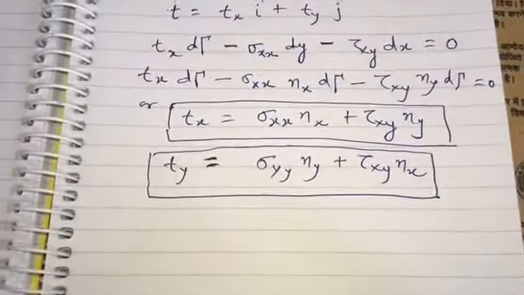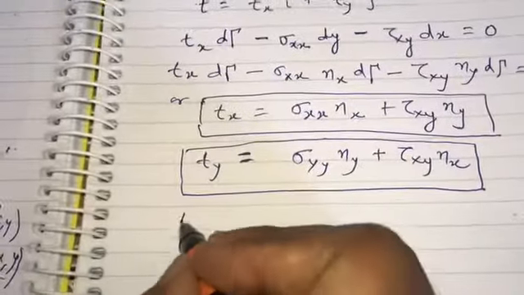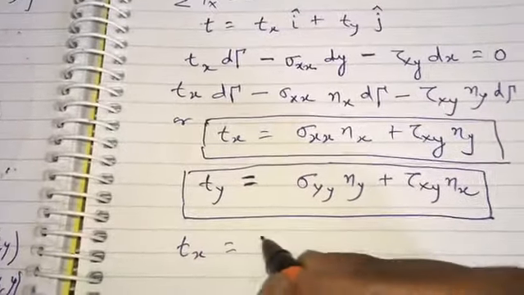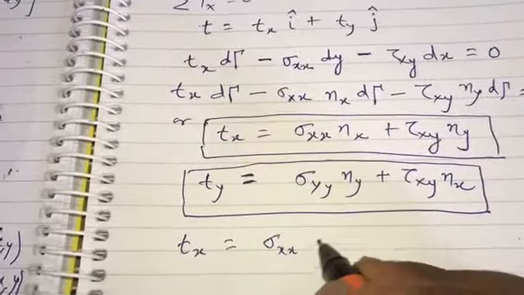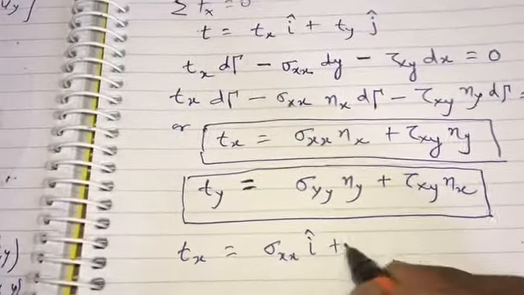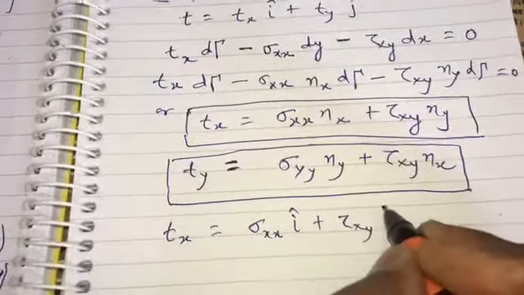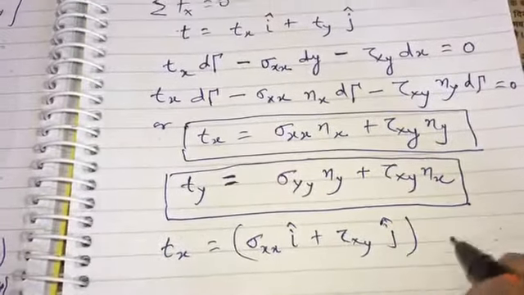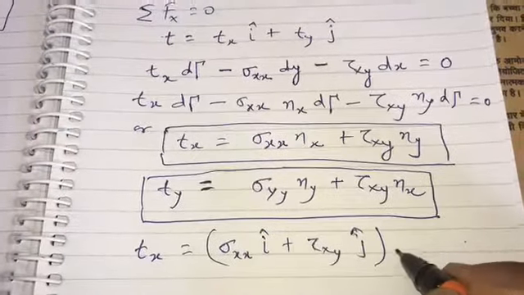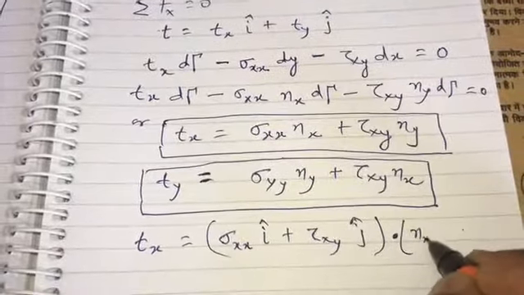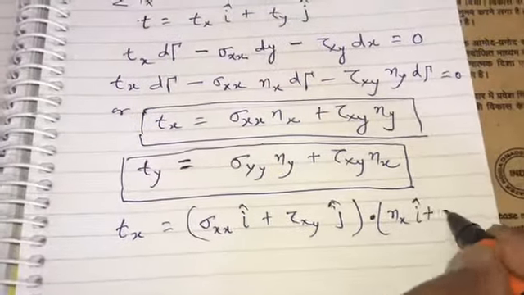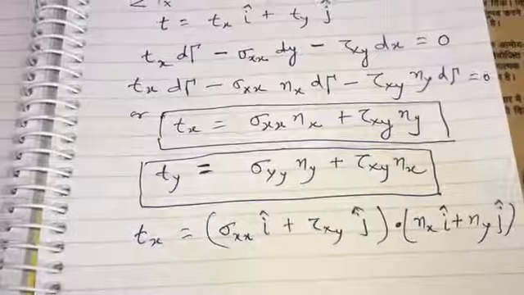Tx and ty, you can also write as Tx equal to (sigma xx i plus tau xy j) dot (nx i plus ny j).